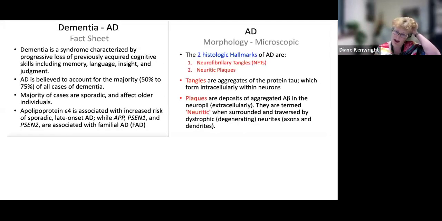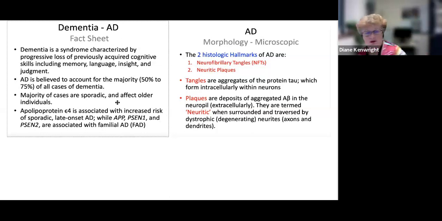You learn quite a lot about Alzheimer's disease in year 3, learning that it has typical symptoms, that it's associated with a particular protein that increases the risk. So the apolipoprotein E4 or epsilon 4 is a relatively common gene in the population, and heterozygotes generally don't have a problem.